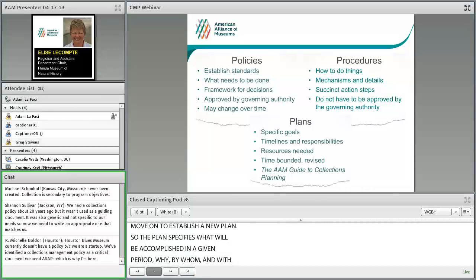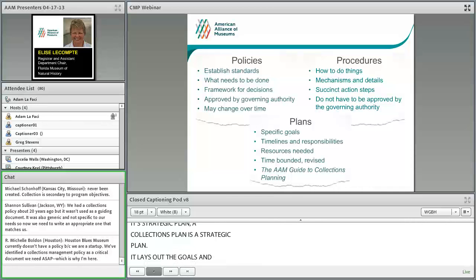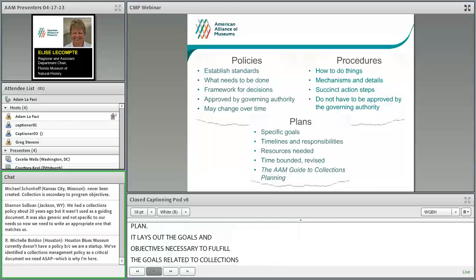A collections plan is a strategic plan. It lays out the goals and objectives necessary to fulfill the goals related to collections activities. And when you talk about the resources in a plan, you want to include both financial and human resources.